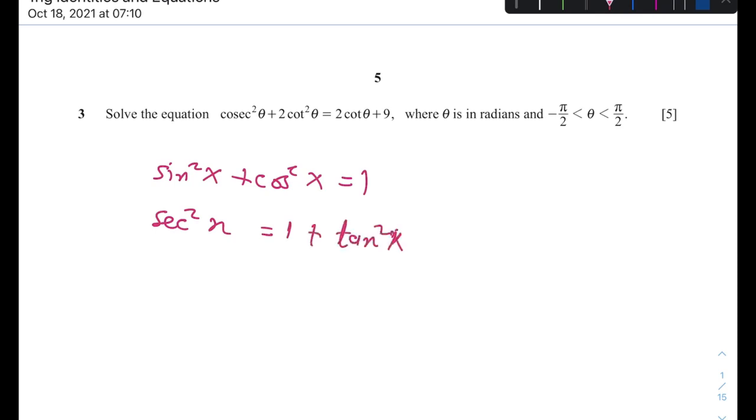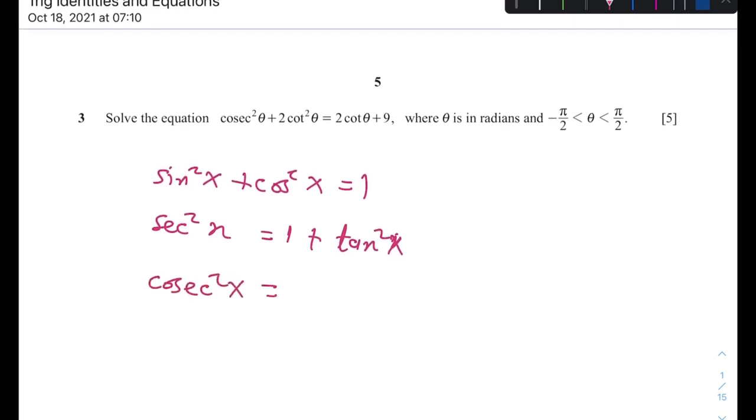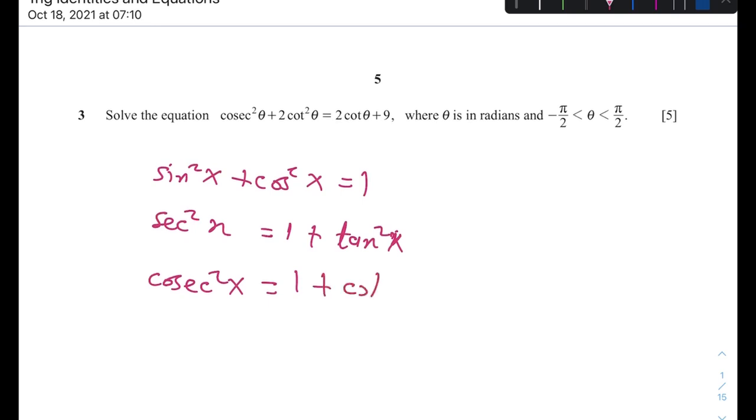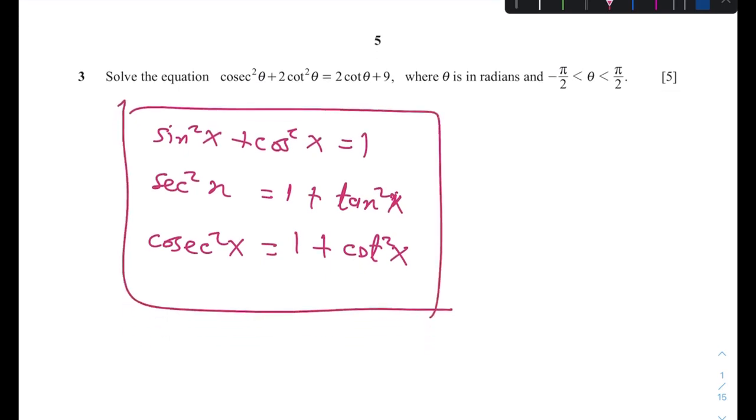So you don't have to memorize this one, it would always be given. All right, then the last identity that Cambridge is going to give you is cosec square x equals 1 plus cot square x. All right, so these three will be given.